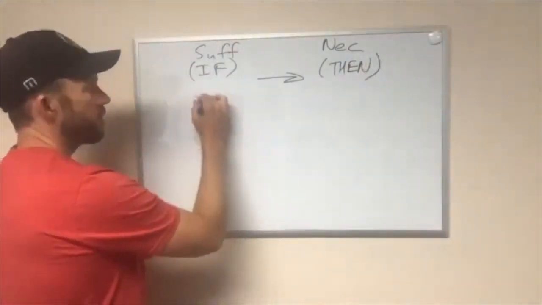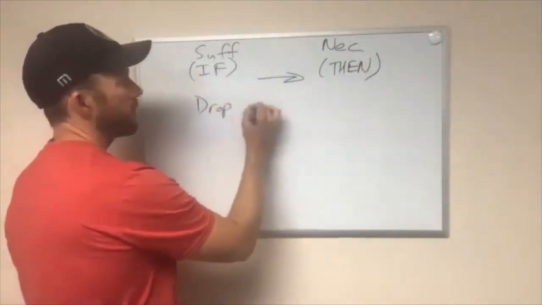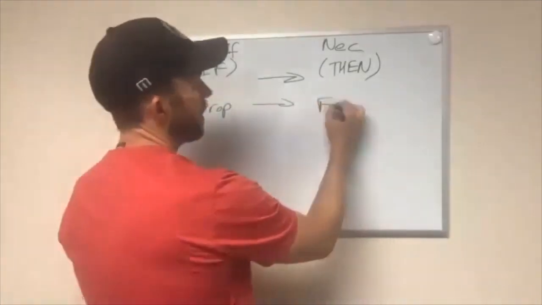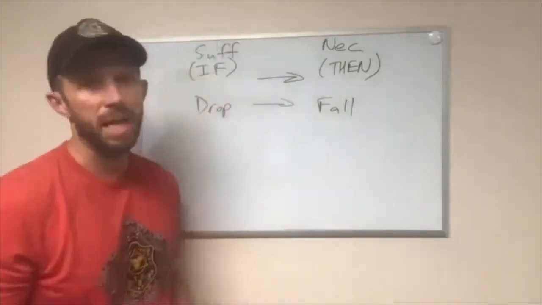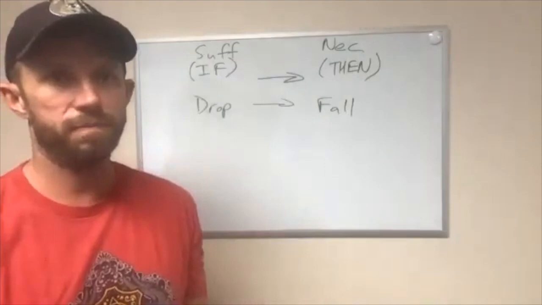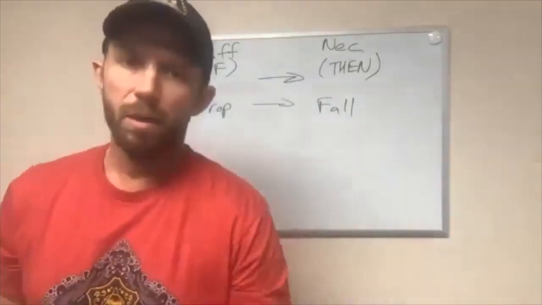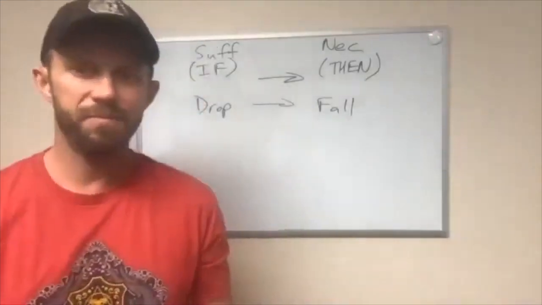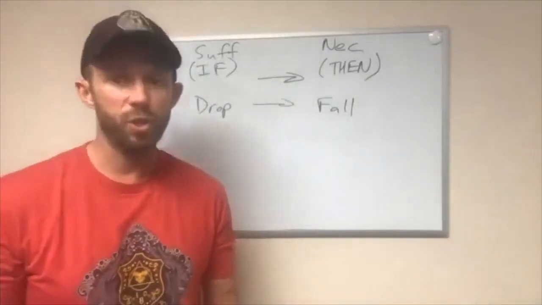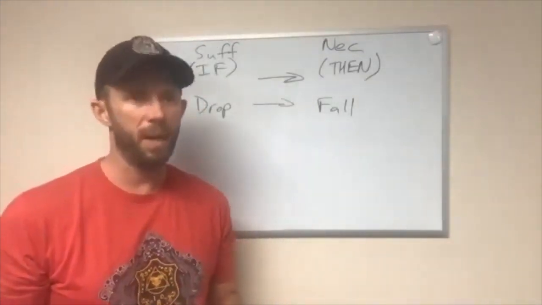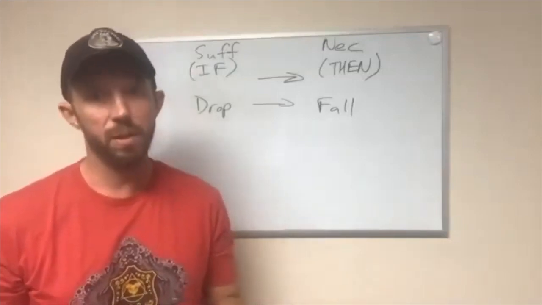The sufficient condition on that rule was if I drop it. The necessary condition was then it will fall. Fairly simple, yeah. Sufficient is the trigger. Necessary is what happens when the trigger is pulled.